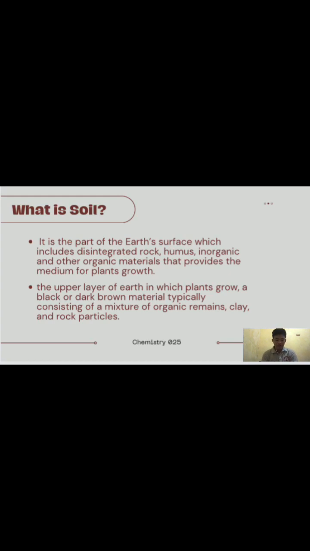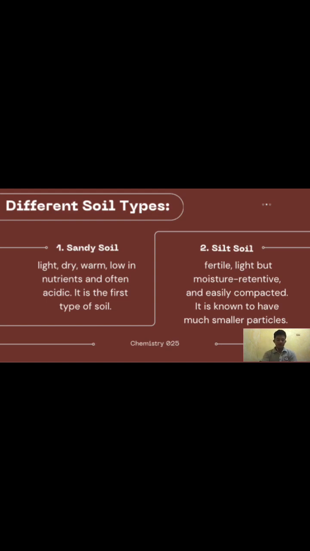There are various types of soil that undergo diverse environmental pressures. The soil is mainly classified by its texture, proportions, and different forms of organic and mineral compositions. So, meron tayong iba't ibang uri ng soil. Number one, there is the sandy soil.